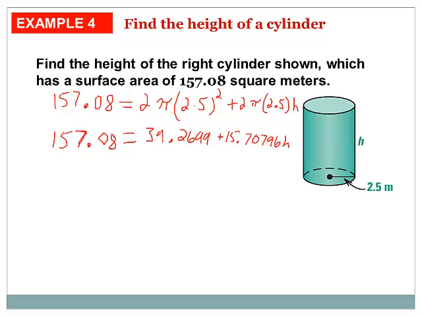I'm going out at least 4 decimal places to keep my answer exact. So at this point, I would subtract my 39.2699, so I would have 117.8101 is equal to 15.70796h.